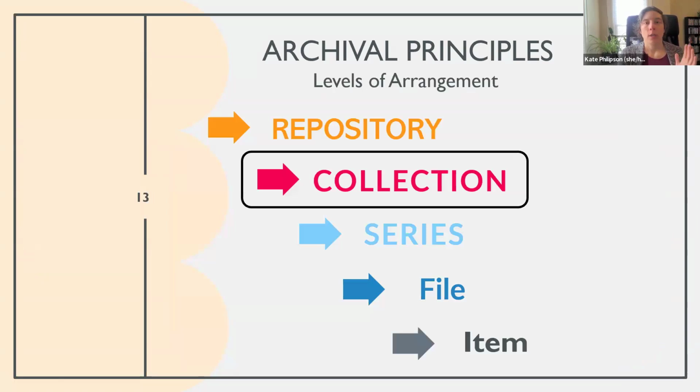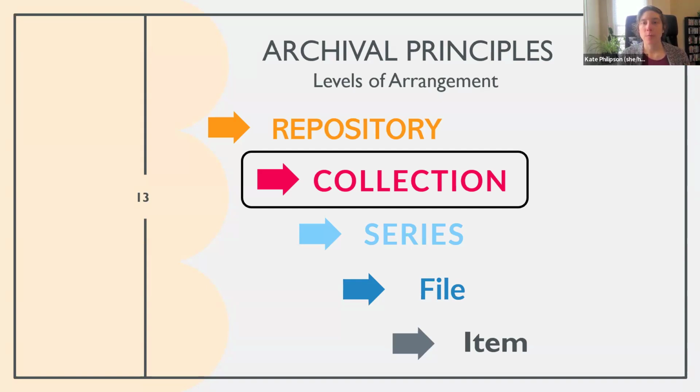One more piece of the structure here, I kind of just mentioned slightly this level of hierarchy, and thinking about arrangement, it's just worth noting that if the repository is your organization, the collection level is the thing we're going to focus on inventorying in this webinar.